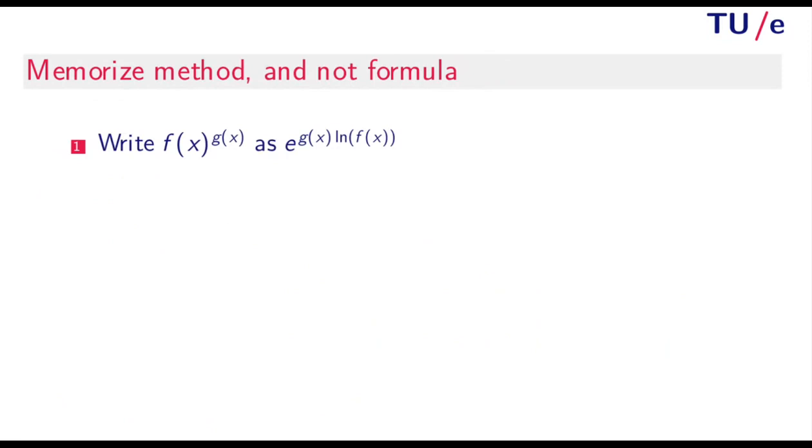You should not memorize this formula, but you should memorize this method. The formula is too complicated. So what do we do? Write f(x) to the power g(x) as e to the power g(x) ln of f(x).